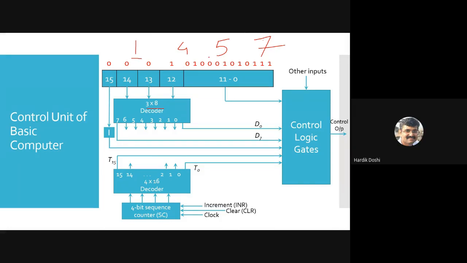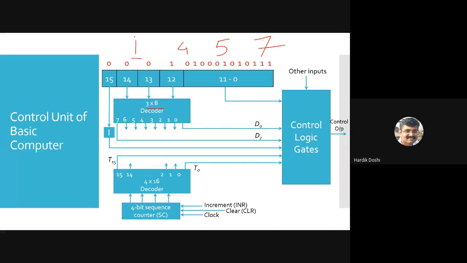We came to know this is memory reference because it is 1. In that case, is it a direct or indirect instruction? Direct, because it was 1. If it were indirect, it would start from 8.